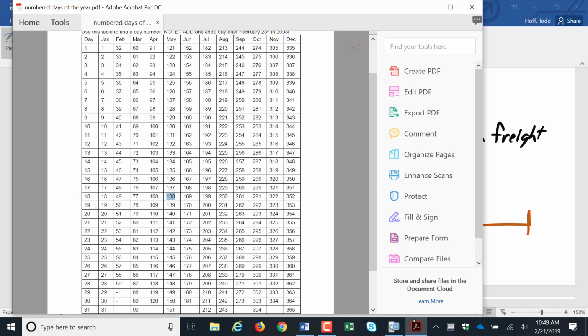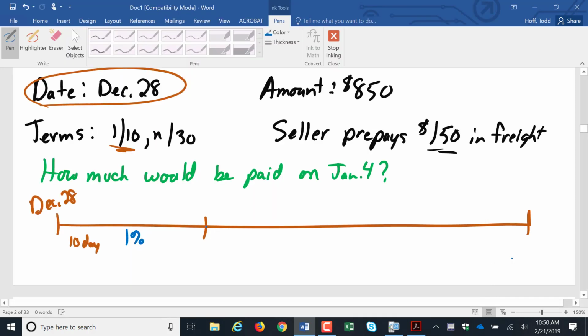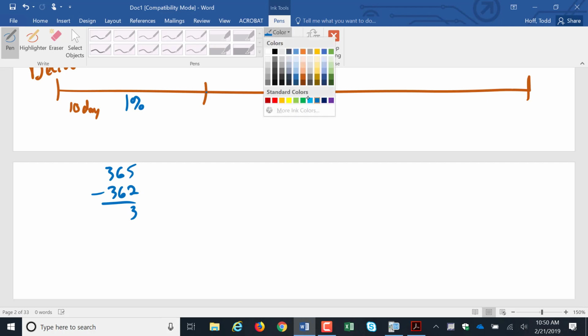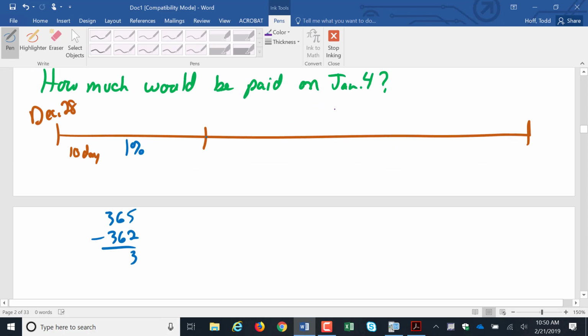Well, to get to the end of the year, 365 minus 362, that's only 3 days. So it takes 3 days to get to the end of the year. To get to the end of my 10 days, then there's 7 more days left. So this is January 7th, ends up being the end of that 10-day discount period.